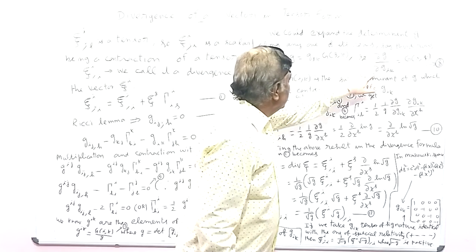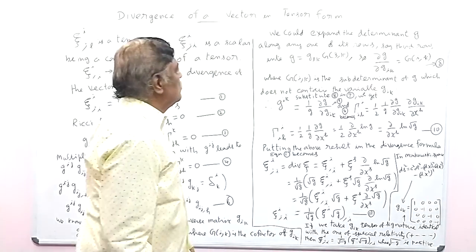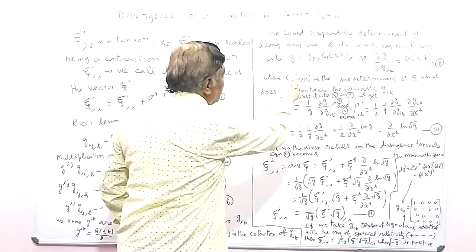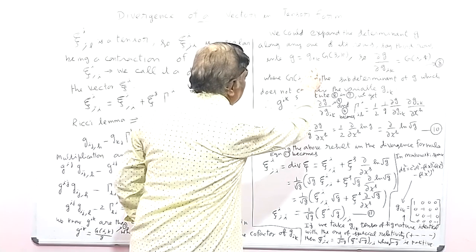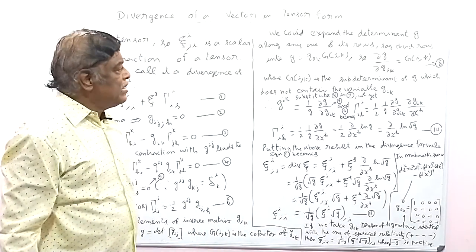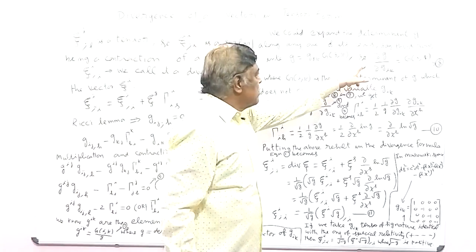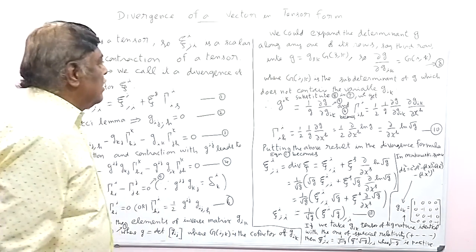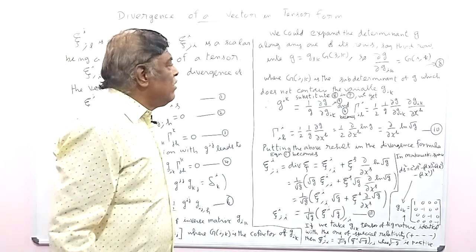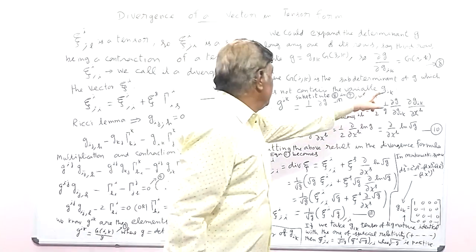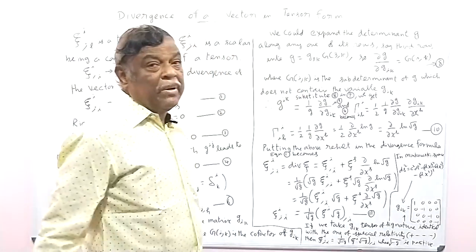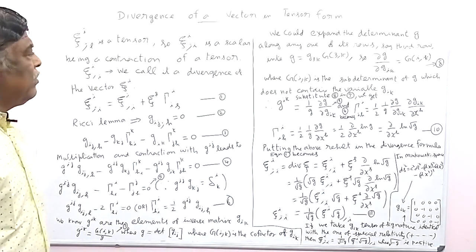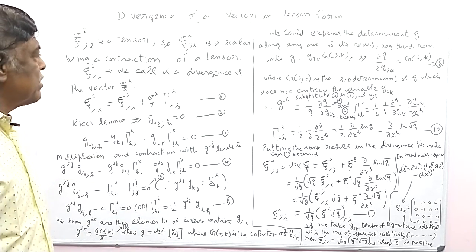If you differentiate, partial dg by dg_3k is equal to G of 3k, or in general, instead of the third row, if you choose a general ith row, you will get partial dg by dg_ik is equal to G of i comma k. This G of i comma k is a subdeterminant of the determinant g. It does not contain the variable g_ik, so this cofactor does not contain this variable. So we are using the idea of a determinant and we are getting this expression.